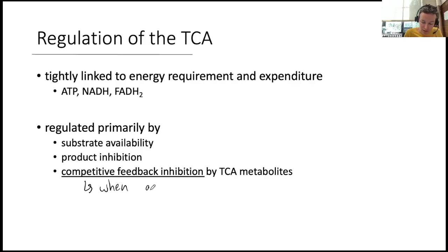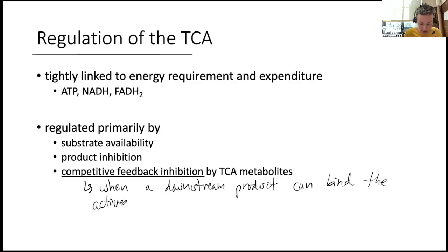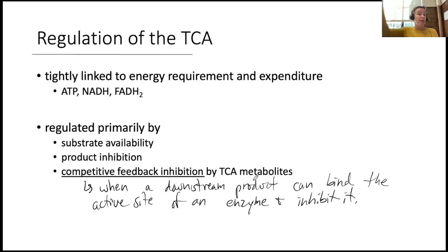This is when a downstream product can bind the active site of an enzyme and inhibit it. So we have the feedback inhibition part because it's a downstream product coming to inhibit an enzyme, but competitive feedback because that downstream product can bind the active site.